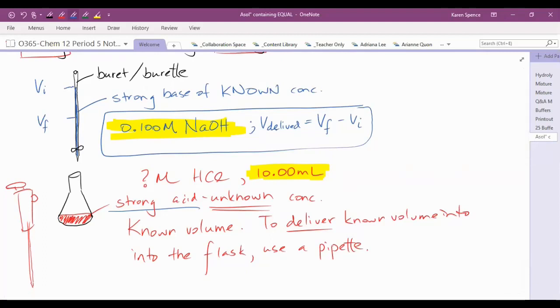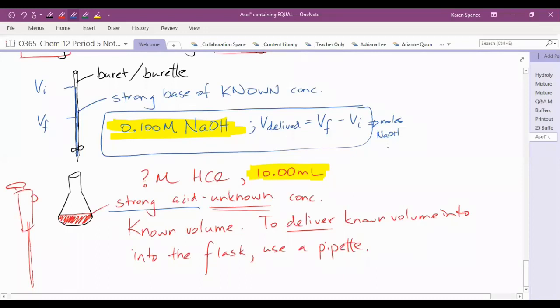Yeah, we could find the moles of NaOH. What could we use the moles of NaOH to find? Yeah, the concentration of the HCl.